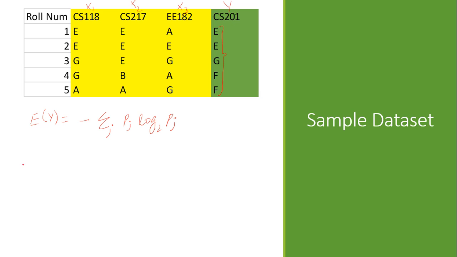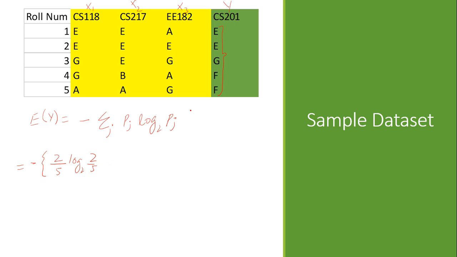In this data, to calculate it, I would take negative of, for j equal to excellent, I have two excellent values out of 5. So the probability of having an excellent in the CS201 column is 2 by 5. Then I multiply it with log base 2 of 2 over 5. This is the first product.